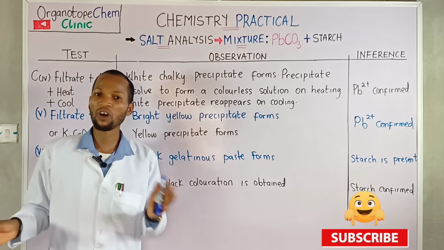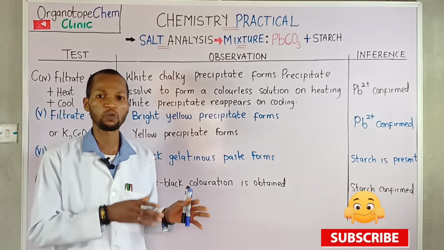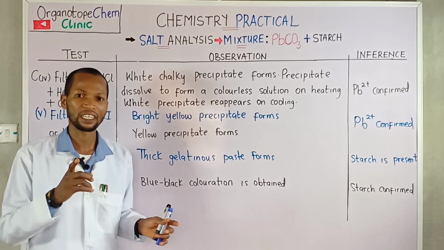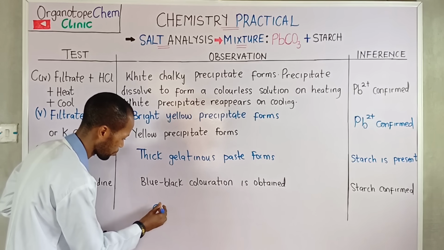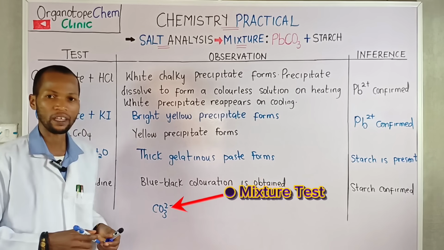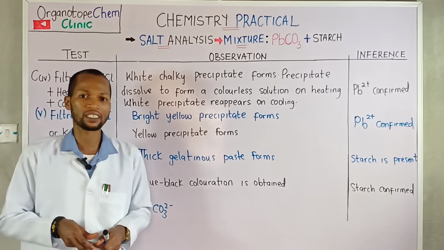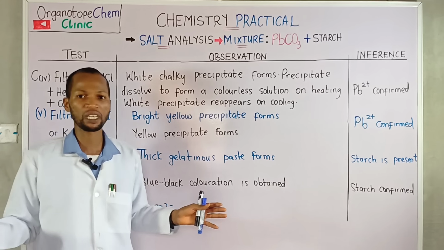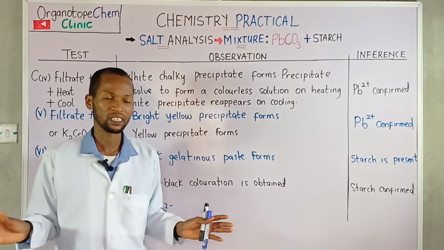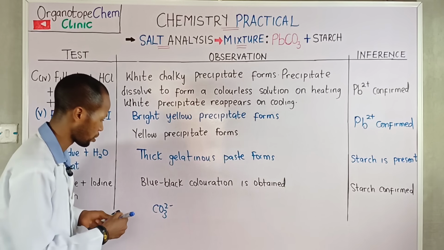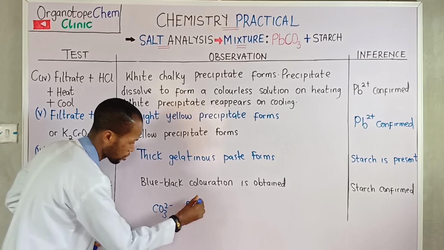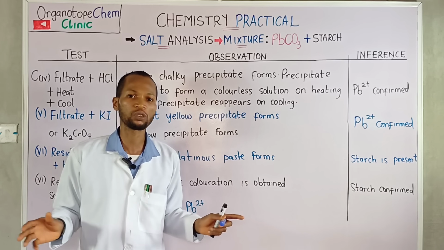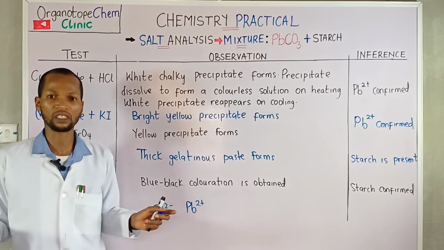Make sense? We can recall that in the mixture test, the anion was confirmed. And what is the anion gotten from the mixture test? That's right, we have the carbonates. Okay, and from the filtrate test, we carried out the metal ion confirmation. And what metal ion was gotten from the filtrate test? Yes, we have the lead 2 ion, Pb2+. And also from the residue test, we were able to confirm the presence of which compound?